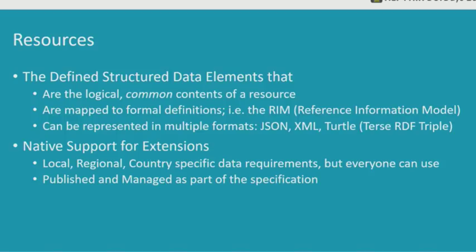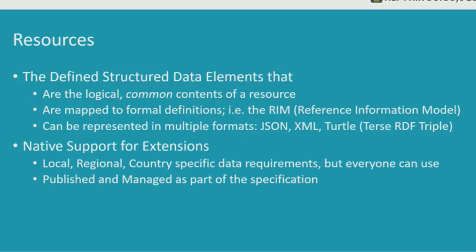So Z segments in V2 are just extended pieces of information above and beyond what the basic specification indicates. But in FHIR, they took that concept and they've now embedded it and ingrained it as part of the specification.